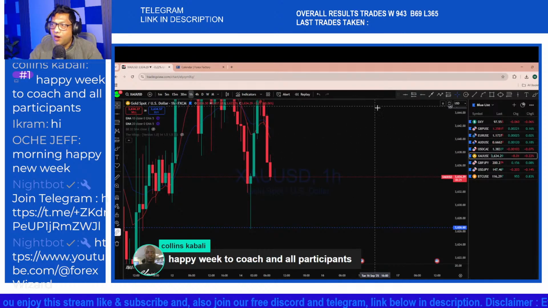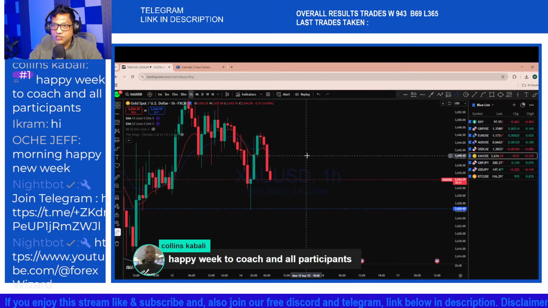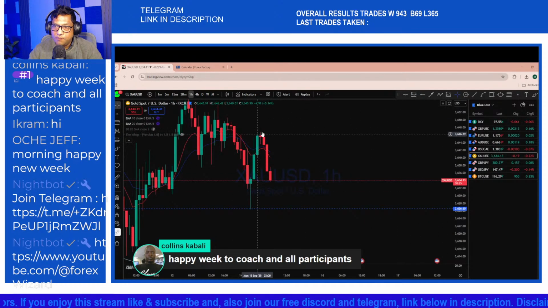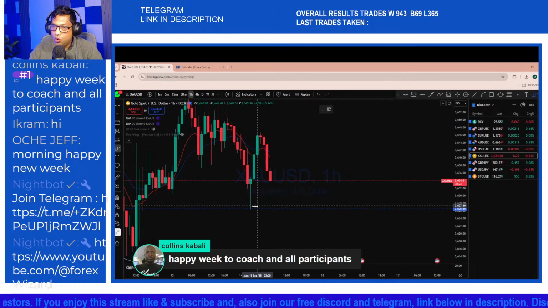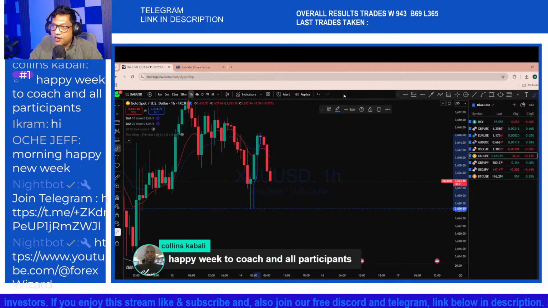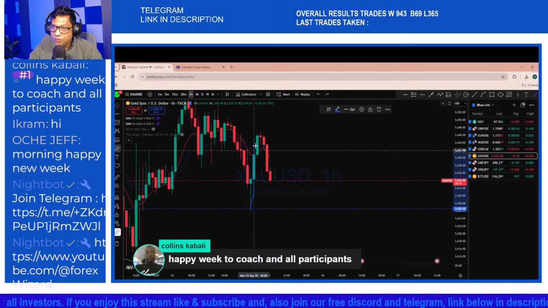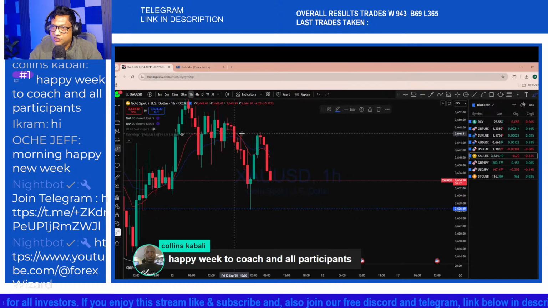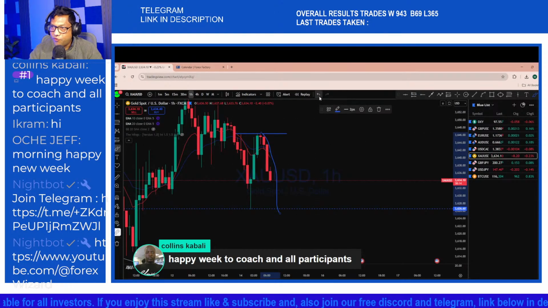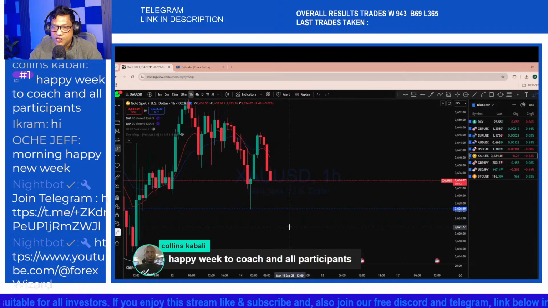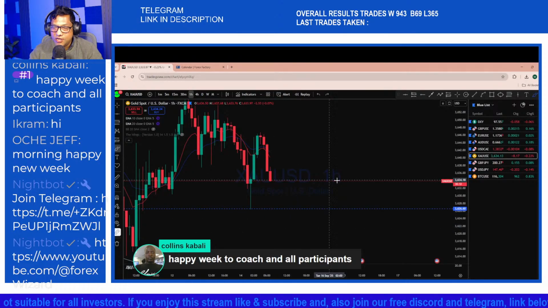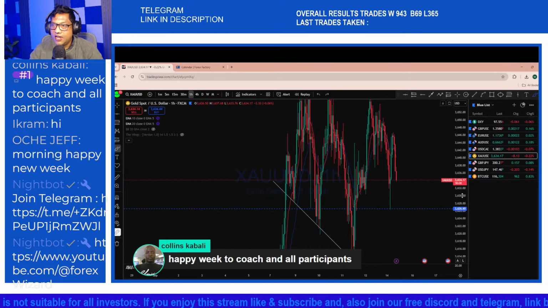From the 1 hour, we can see there is a breakup structure. This kind of move is a clean breakup structure that tested this key level, then dropped straight down from that key level, which shows the market is in a downtrend.